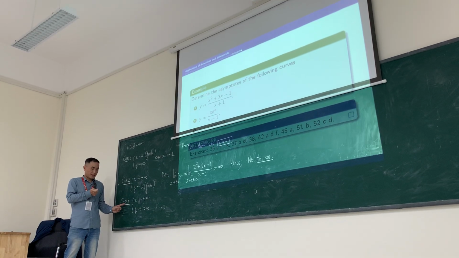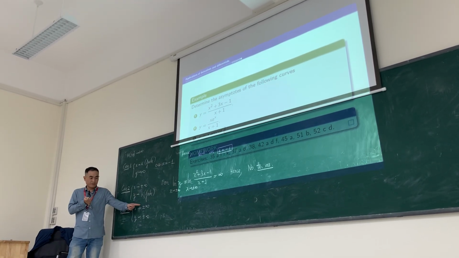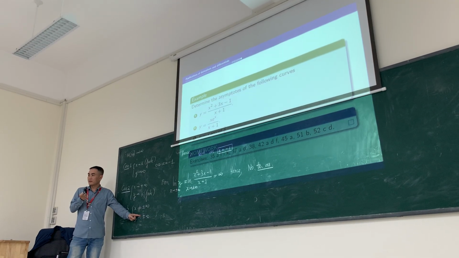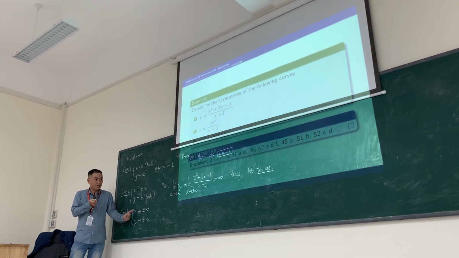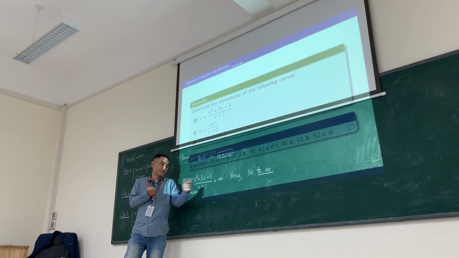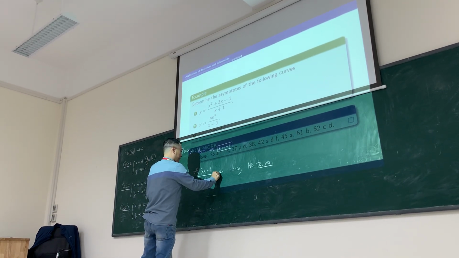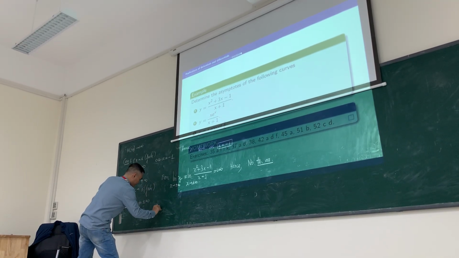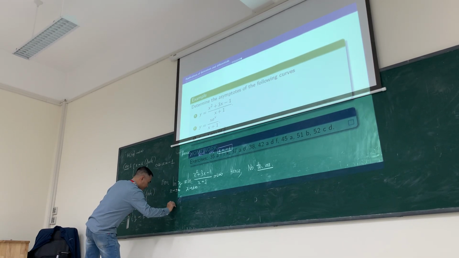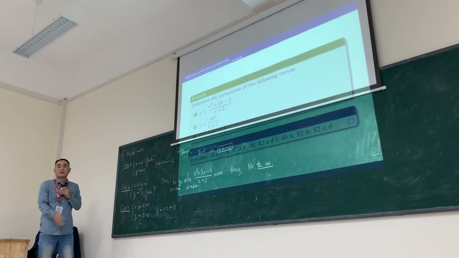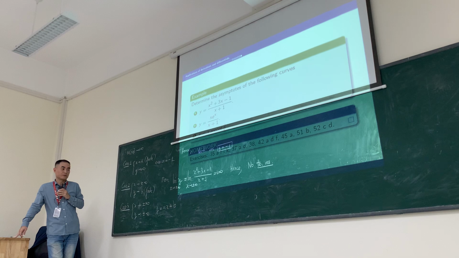Now, finally, case 3: x tends to infinity, y tends to infinity. Now we find the slant asymptote.